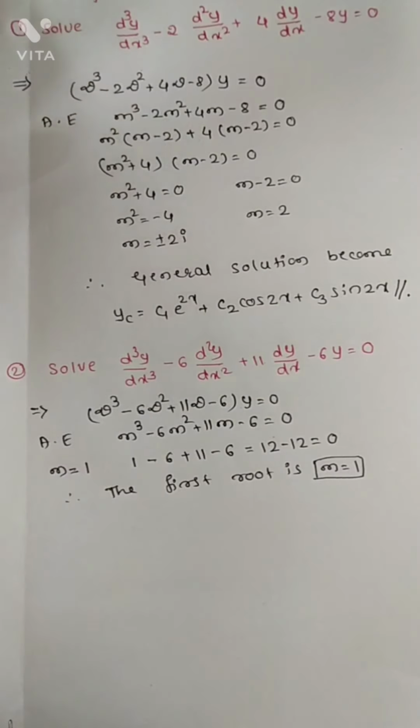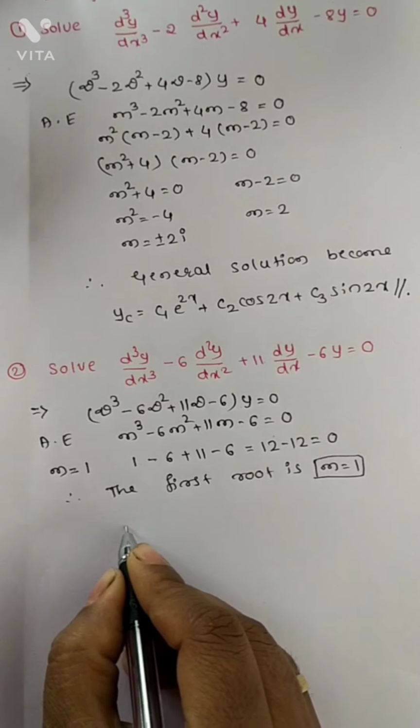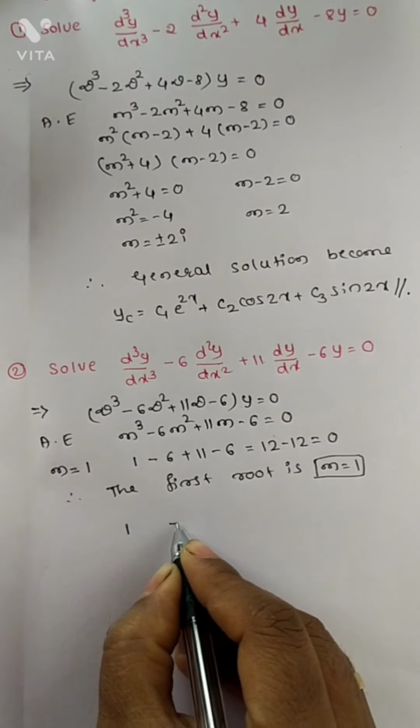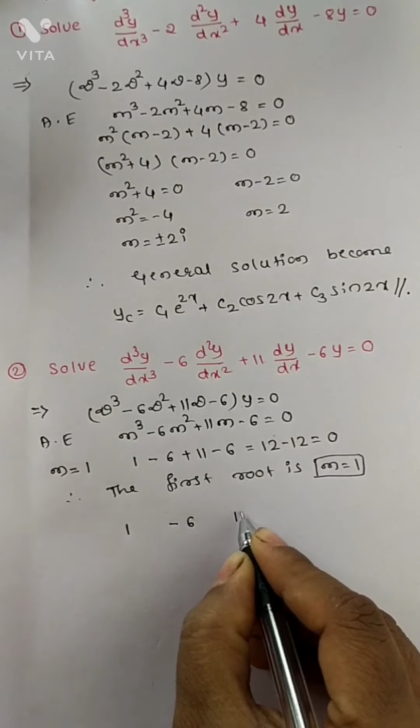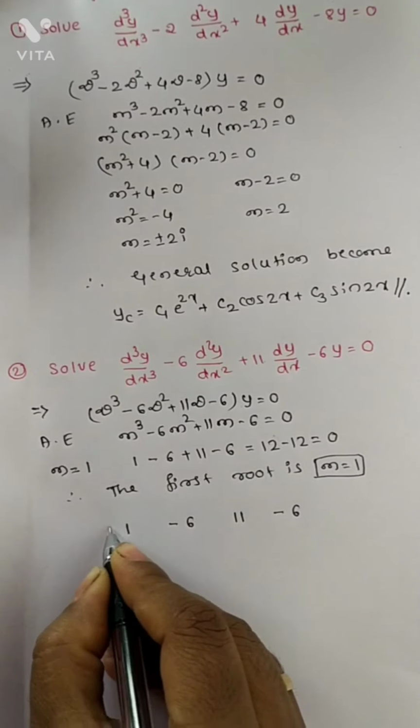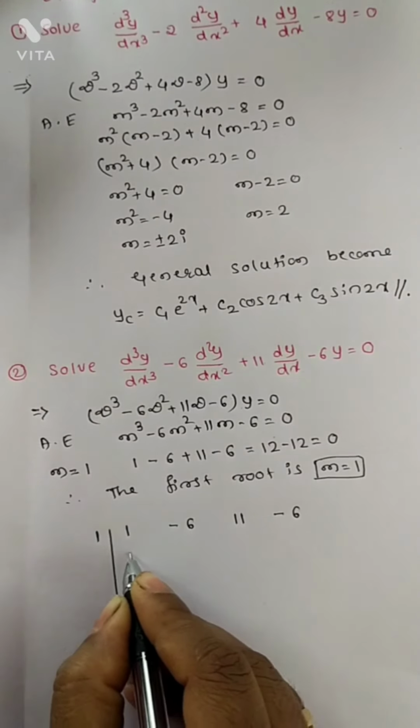Now we have to continue by the synthetic division method, writing the coefficients: m cube is 1, m square is minus 6, m is 11, minus 6, and here 1, and it becomes 0.